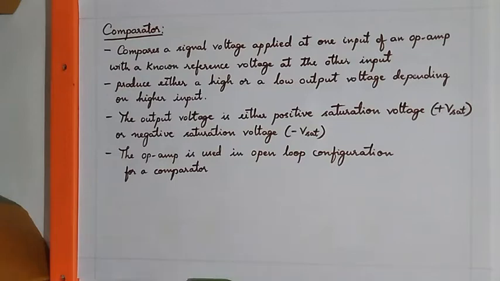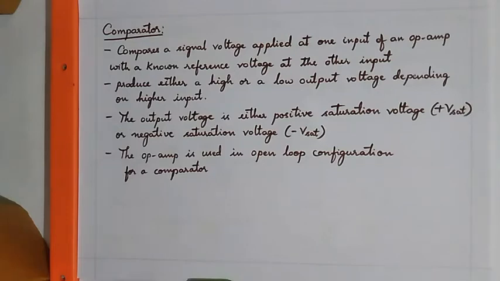One of the non-linear applications of the op-amp is the comparator. The comparator, as the name indicates, compares a signal voltage applied at one input of an op-amp with a known reference voltage at the other input.